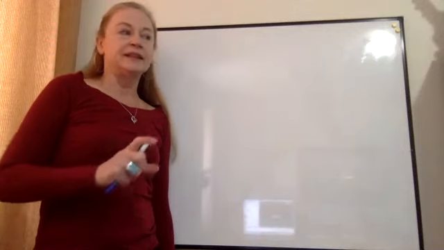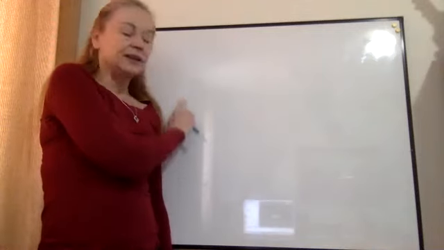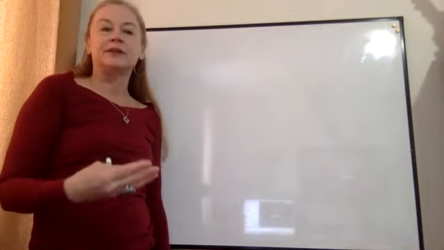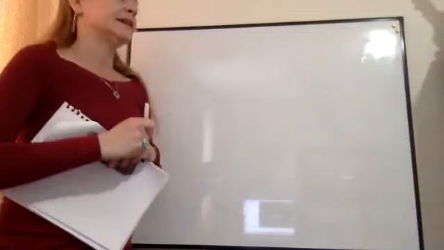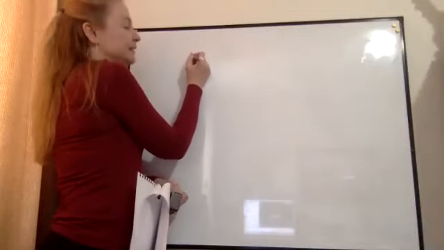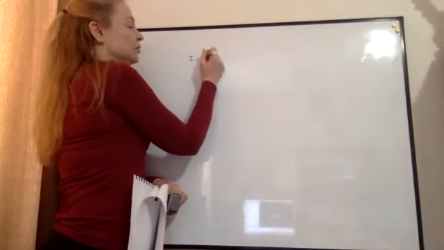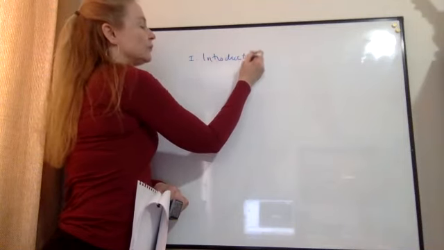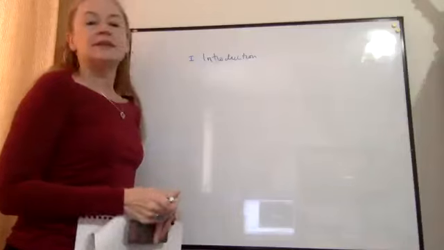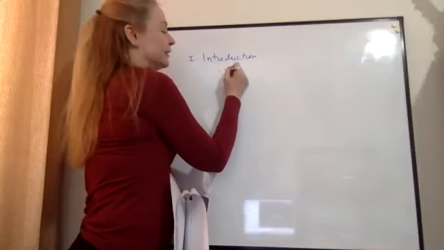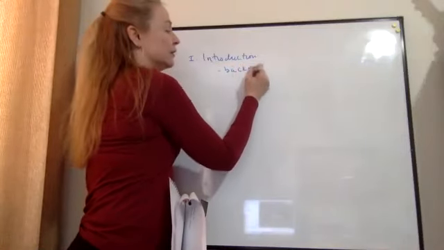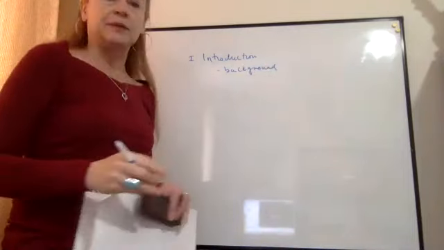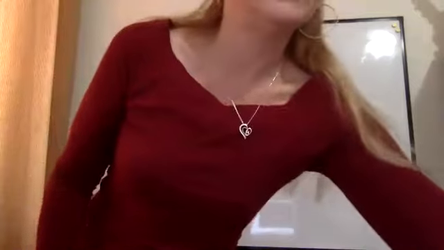I suggested an outline to follow, because there's usually a standard format for research papers. You can deviate some if you want, but usually it starts with an introduction. The intro gives background on the question. In this paper, we're looking at the difference between different types of schools.